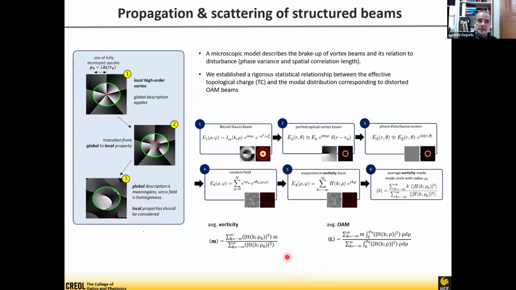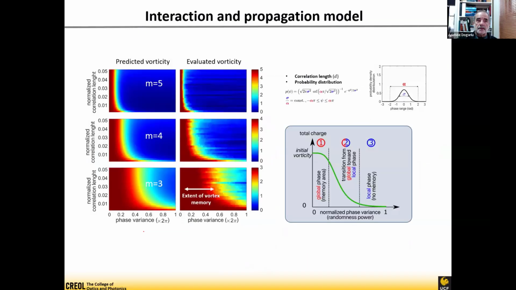Now, I don't have time to get through the details of how we model this increasing strength of propagation. But what I can tell you is that we can evaluate an average vorticity, an average orbital angular momentum, as a function of conditions of propagation.